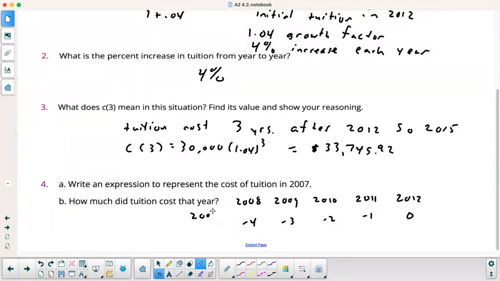So you end up getting 2007 is -5. So I'm going to have to do C of -5, which is going to be 30,000 times 1.04 to the -5th.